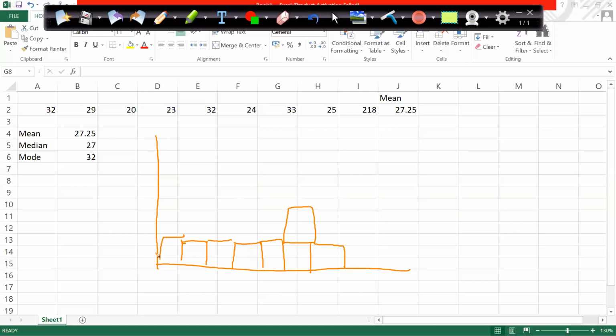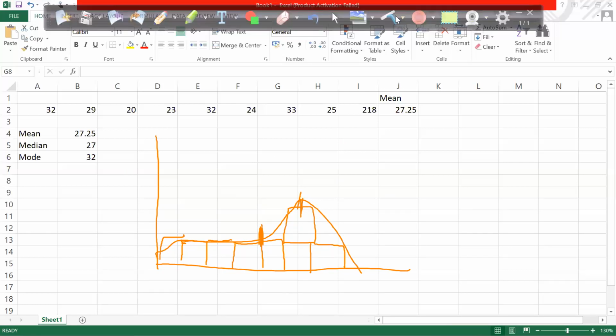Now, when my data is distributed like this, you can see that I have more entries here, at 32. So my mode is coming somewhere here, and my mean and median are coming somewhere here. So here my data is almost in the same range, and mean, median, and mode will be in almost the same range as well. Normally, that is how it follows.